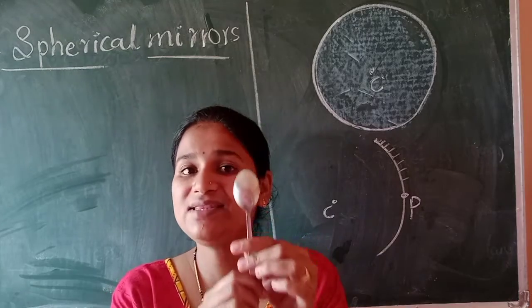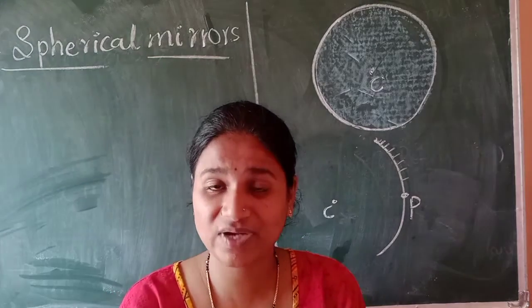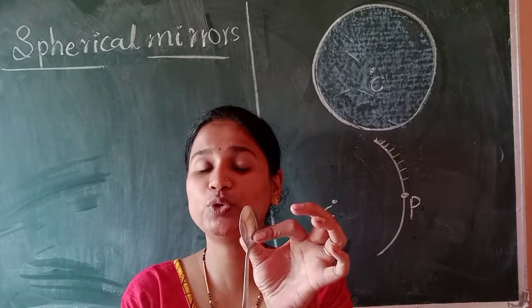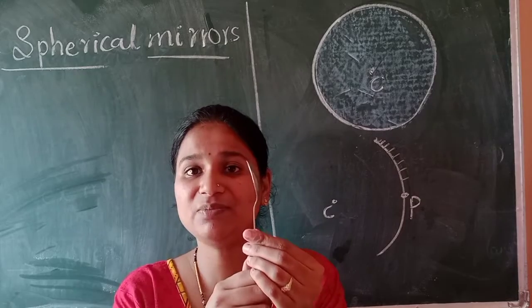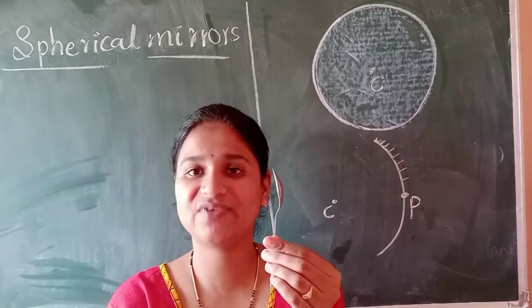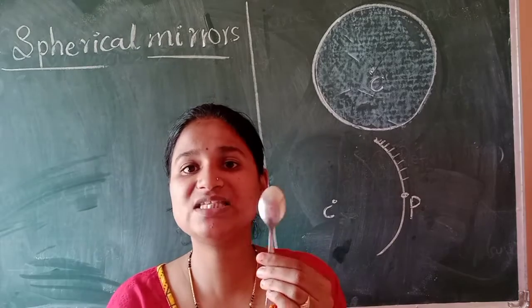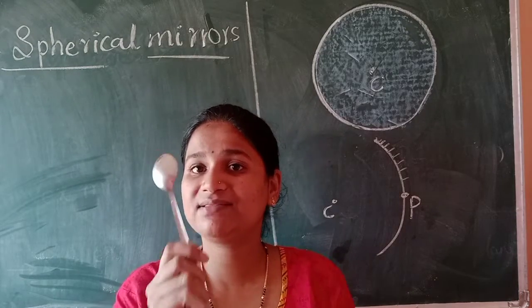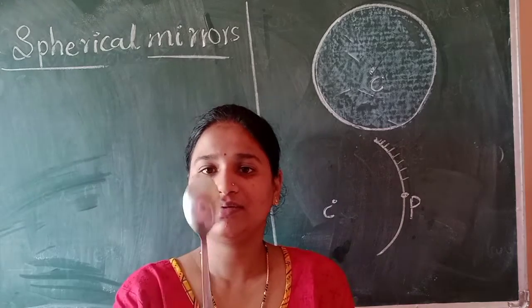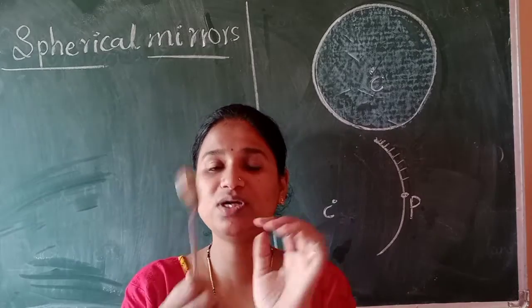So by this we can predict there will be a change in the properties of light through spherical mirrors. Spherical mirrors means curved surfaces. Mirrors which have curved surfaces are called spherical mirrors.